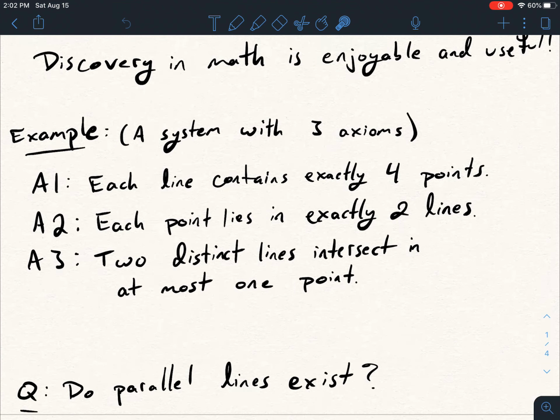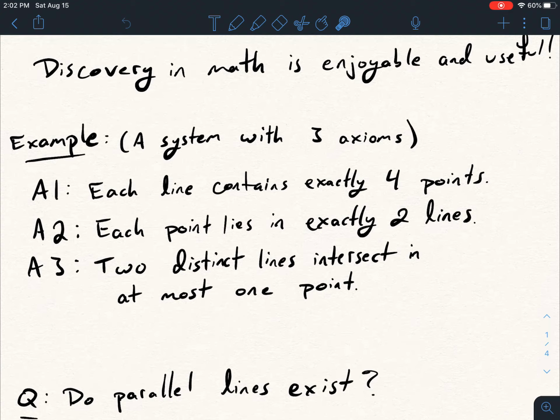This is where discovery comes into play, because discovery can be used as a tool to figure out whether or not parallel lines exist, or to give you something to work with. So what do I mean by that?